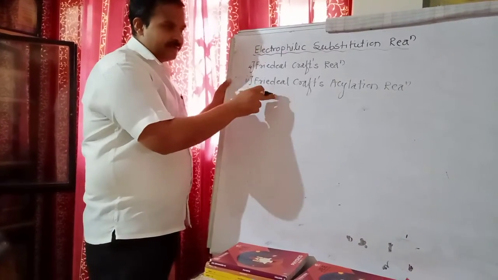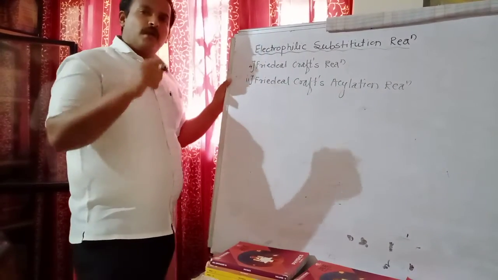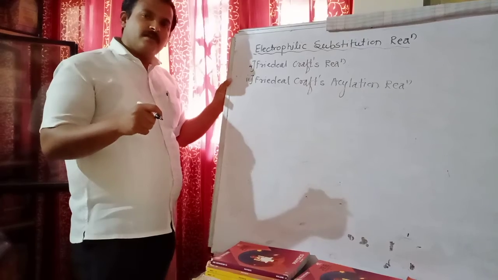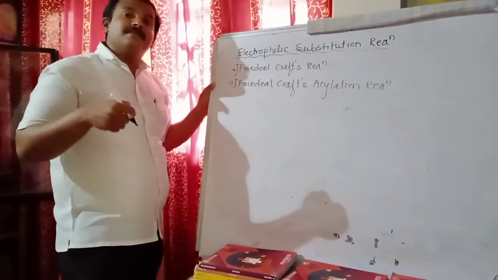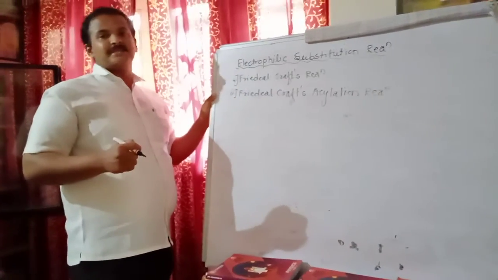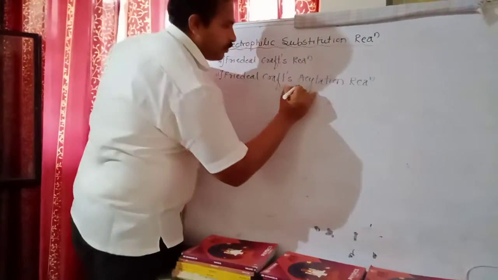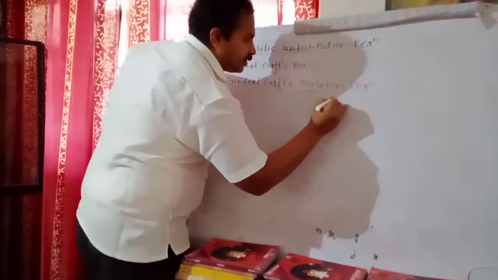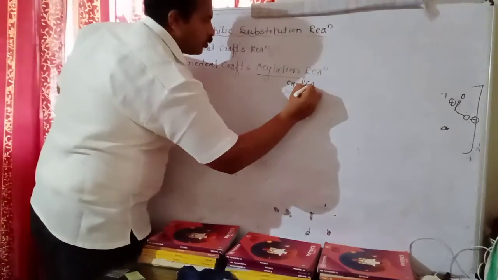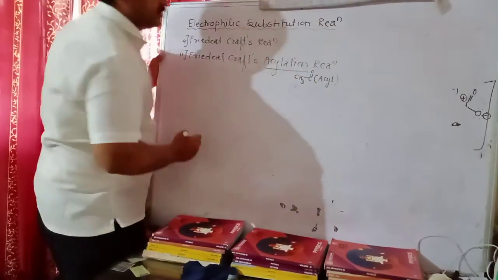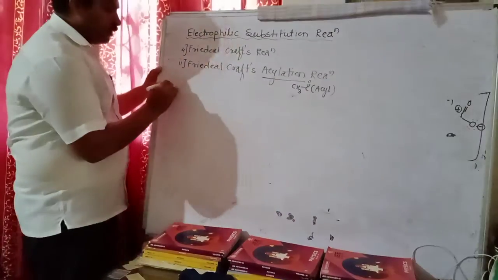What is the meaning of Friedel-Crafts acylation reaction? When one hydrogen atom of a benzene ring or aromatic compound is substituted by an acyl group. What is the meaning of acyl group? Acyl group is CH3C double bond O. The CH3C double bond O group is called the acyl group.